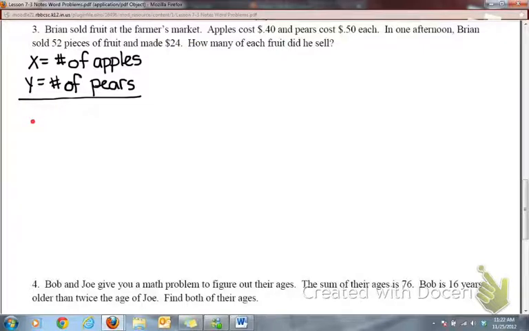So 40 cents times each apple, so 0.40x, plus 50 cents times each pear, which is y, equals $24. The other information is that he sold 52 pieces of fruit. So that's just your x plus y equals 52.